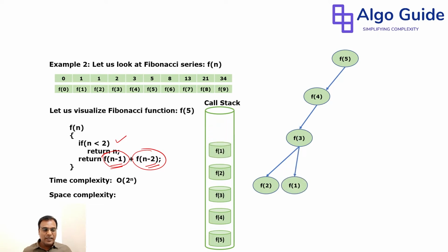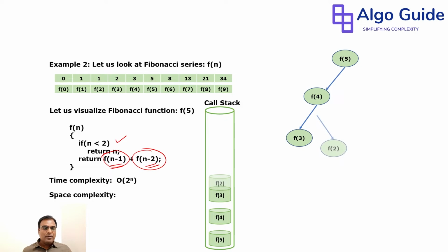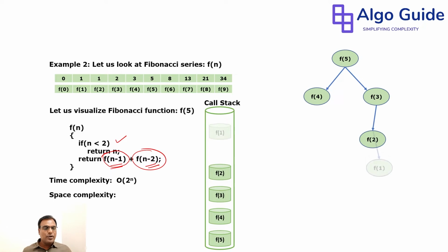So when f of 3 calls f of 1 and f of 2, f of 1 is computed and removed from the call stack, and then f of 2 is computed and removed from the call stack, then f of 3 is computed. Before it returns to f of 4, f of 4 again calls f of 2. F of 2 is computed, returned, then f of 3 is computed, returned. This keeps on going till the final value, that is f of 5, is returned.